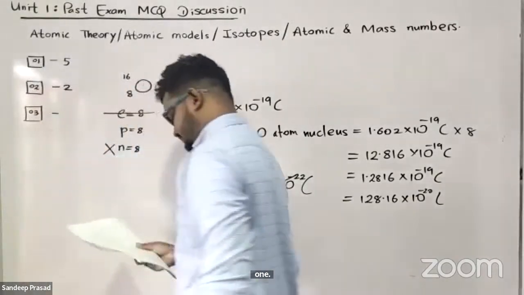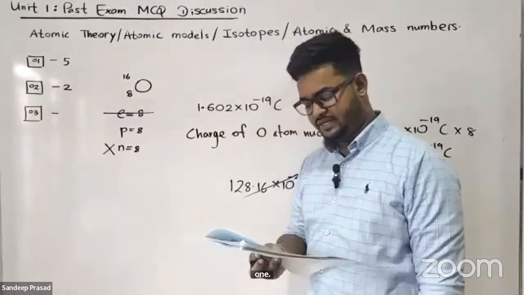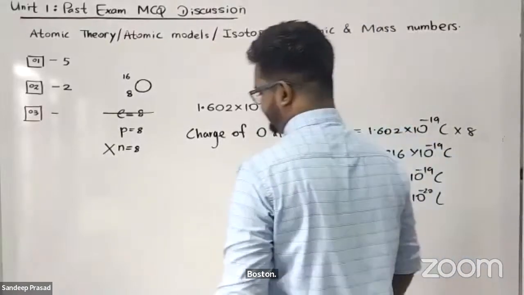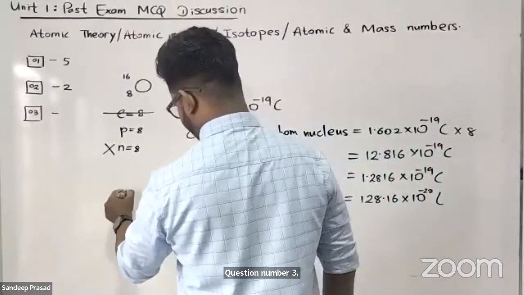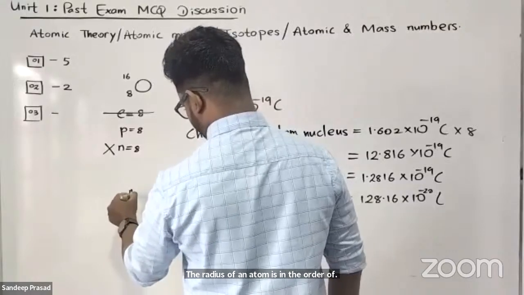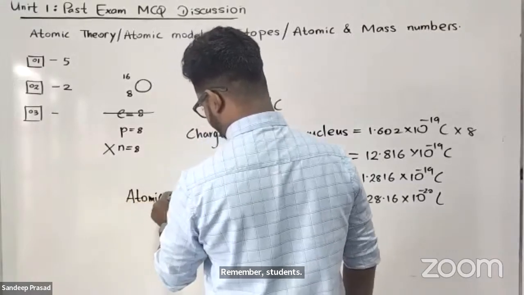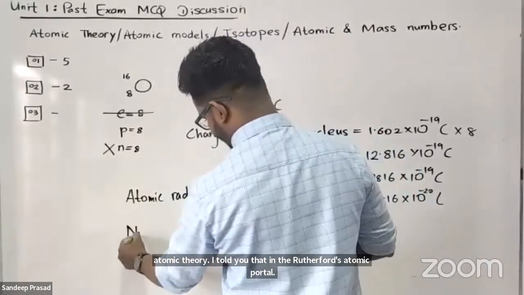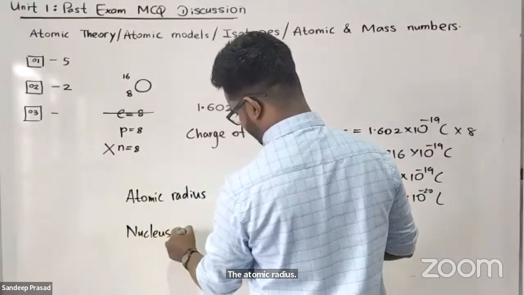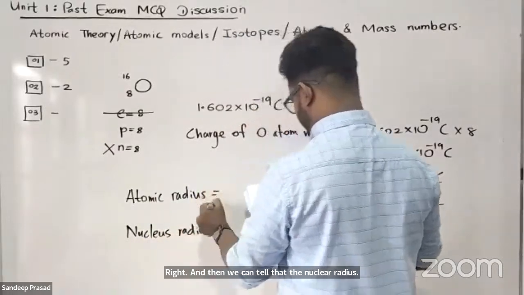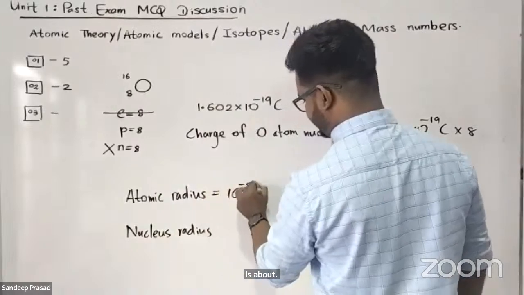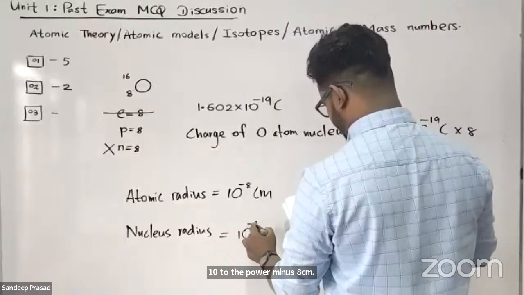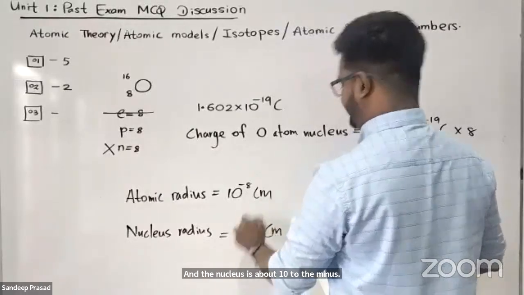Question number 3. The radius of an atom is in the order of, remember students, we have discussed under Rutherford's atomic theory. I told you that in Rutherford's atomic model, we can consider that the atomic radius is about 10 to the power minus 8 centimeters, and the nucleus radius is about 10 to the power minus 13 centimeters.